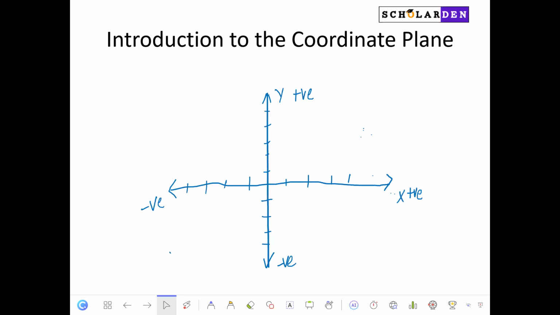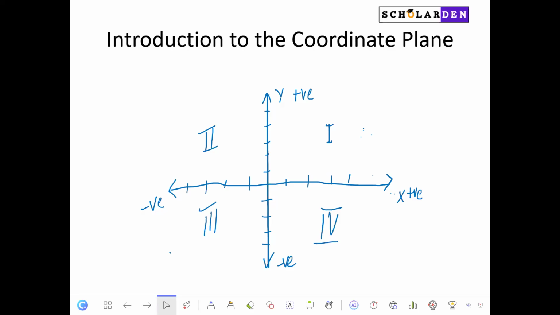We see that there are 4 different sections made by this intersection. This is one section, and this is section 2, 3, and 4. These are called the quadrants. In mathematical convention, this is called the first quadrant. We go counterclockwise, and this is called the second quadrant. Moving downwards, this is the third quadrant, and this is the fourth quadrant.